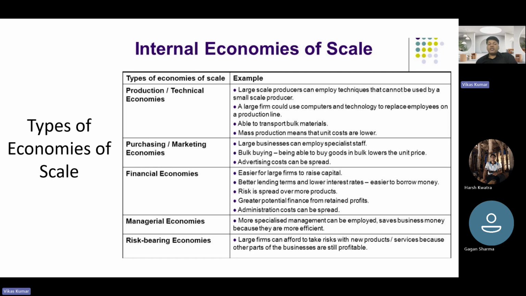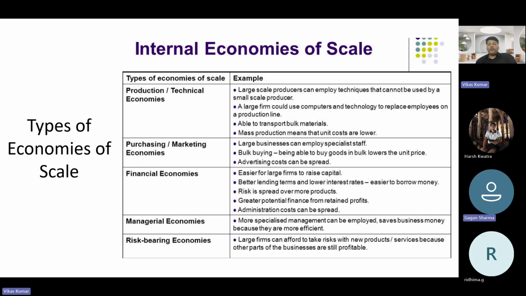Second, with respect to the purchasing and marketing economies. With respect to purchasing the raw material or purchasing the bulk products, or with respect to the marketing or advertisement tools, some companies are better because they have the right tool, right person on board within their organization, which are very efficient when it comes to marketing, advertisement, automation, and the usage of artificial intelligence, if we talk about as of today.